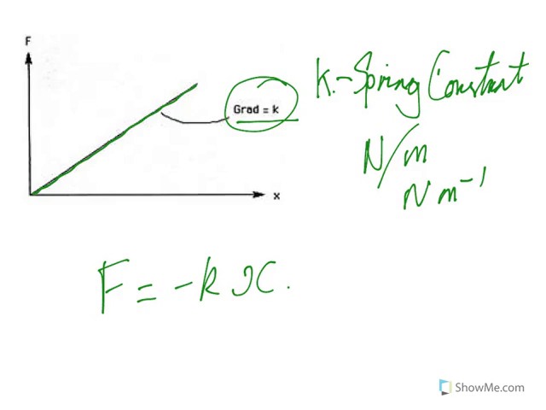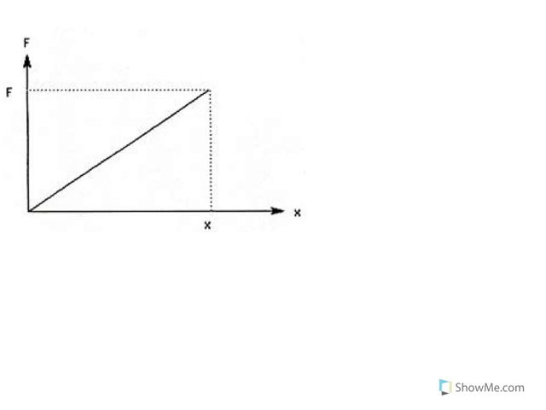Now, if we want to find out the potential energy of that spring when we stretch it a certain amount, let's have a look at a graph. Right, here's a force extension graph. Here we've got our line for the force and extension. The gradient of that, of course, is the spring constant.